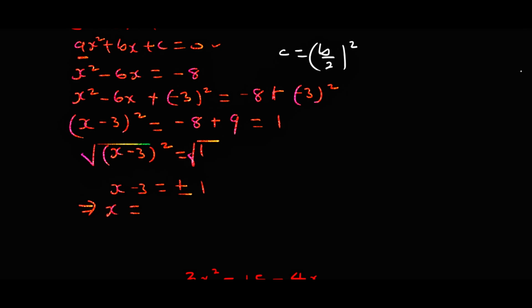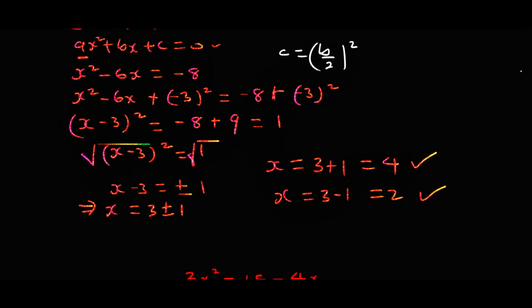So that is x is equal to 3 plus or minus 1. So if we take the positive one, then x will be 3 plus 1, which is 4. Or if we take the negative sign, then x will be 3 minus 1, which is 2. So x is 4 or x is 2.